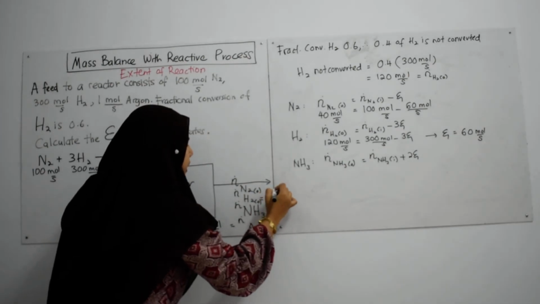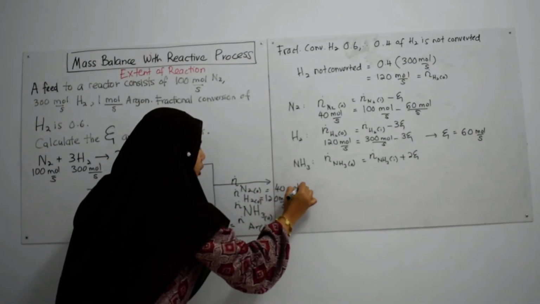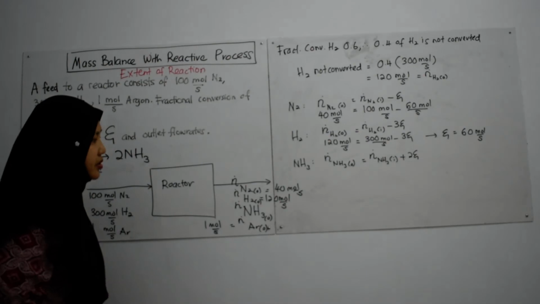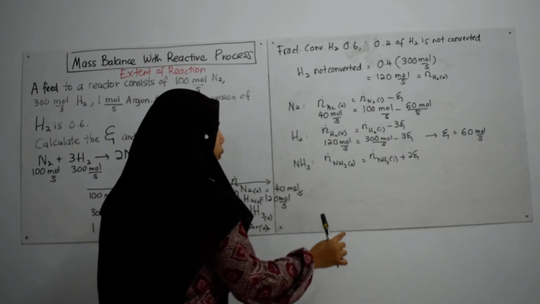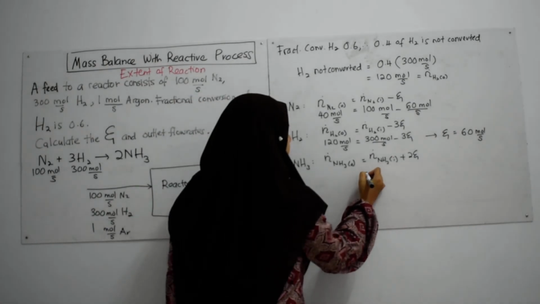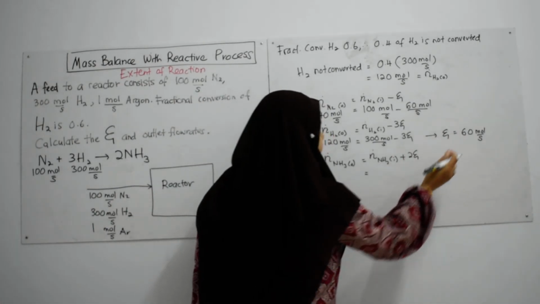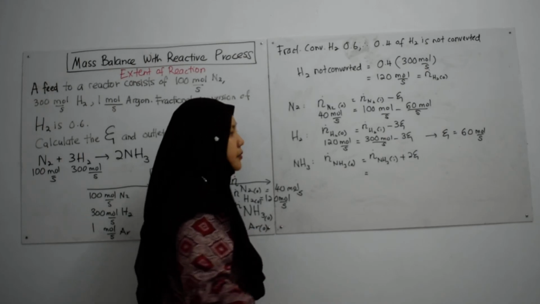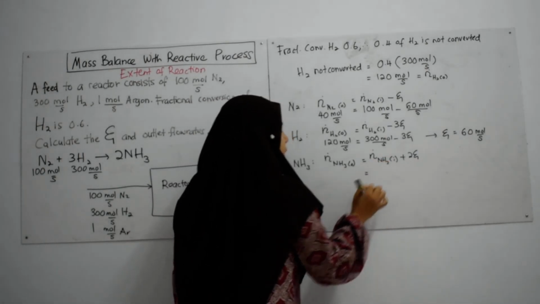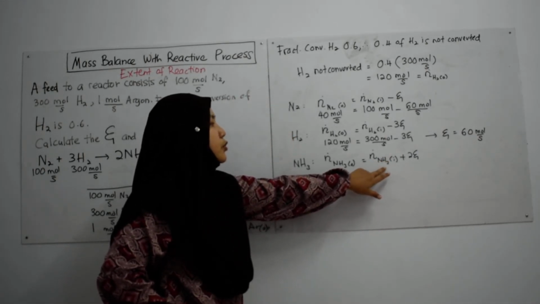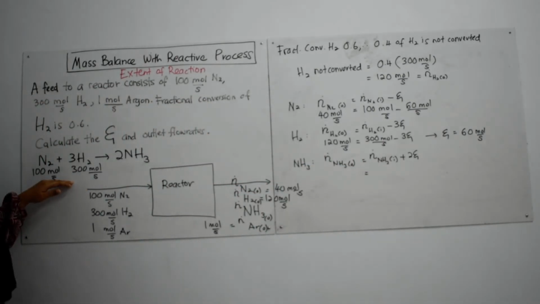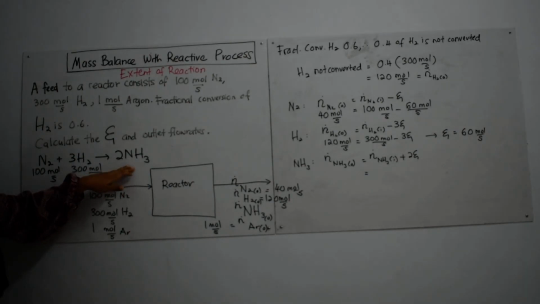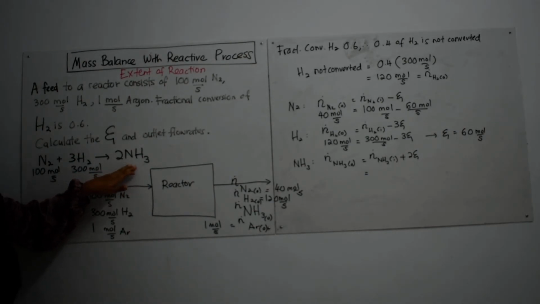So your answer for nitrogen is 40 mole per second, which is not being used. What will be your product now? Still using the extent of reaction that you already got just now. Do we have feed for ammonia in this process? No, we do not have feed for ammonia because ammonia is a product.